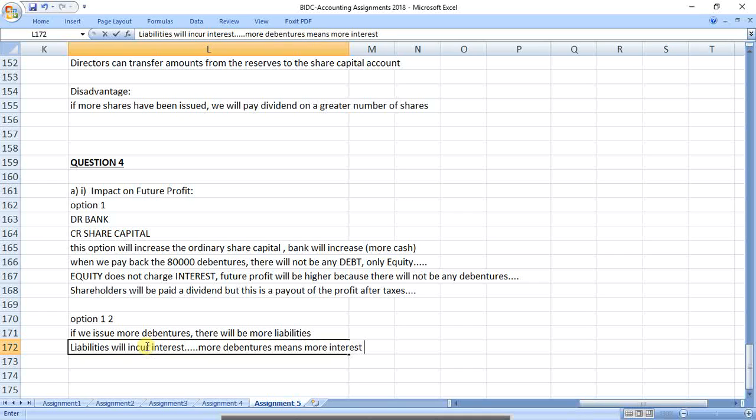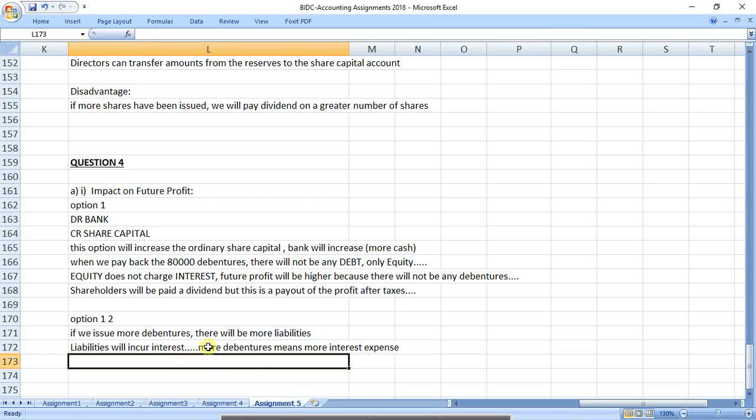This will increase the business's liabilities, increasing... Okay, so liabilities will incur interest.